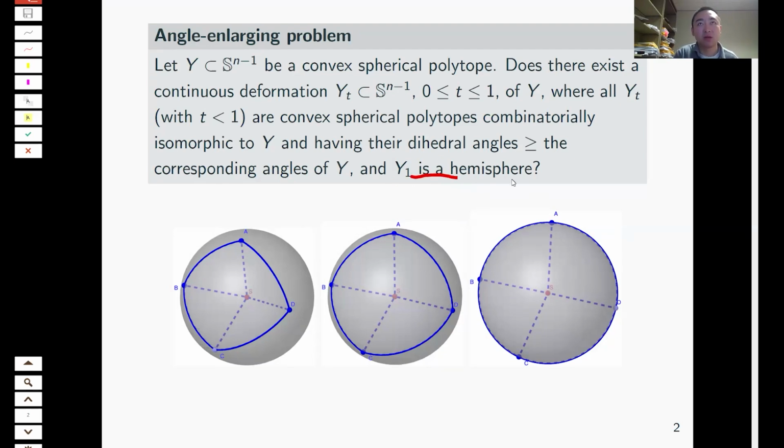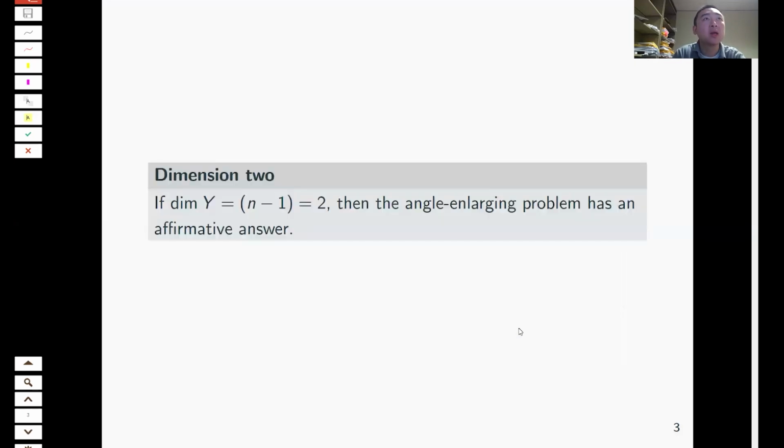In the hemisphere, all the dihedral angles are equal to pi. The boundary is smooth. In this last picture, the boundary is exactly the equator, and now all the faces become this equator face. So this is the angle enlargement problem we'll focus on.